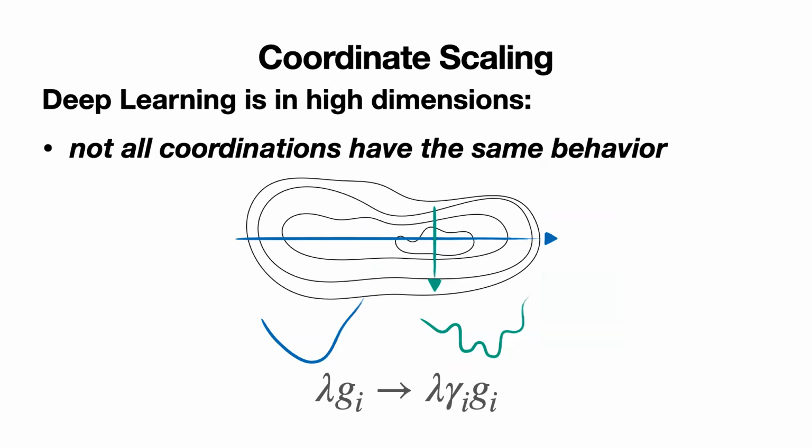Okay, so we have one more thing to get through. Deep learning is all about high dimensions. We always had our little one-dimensional thing, right? But clearly the structure of the loss landscape is different depending on which direction you're looking. Like on the Autobahn, if you look straight, nothing is changing.